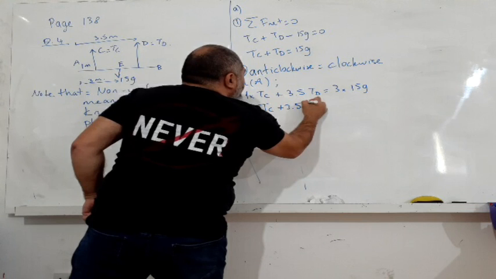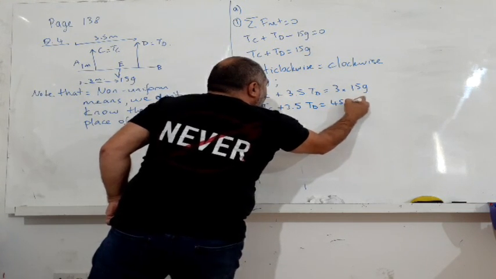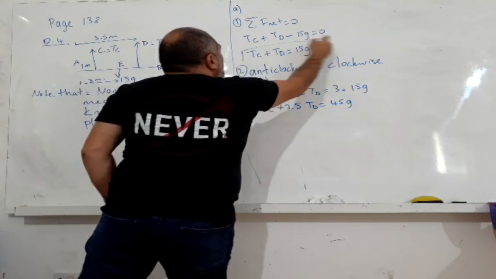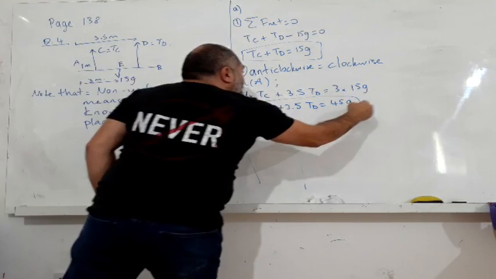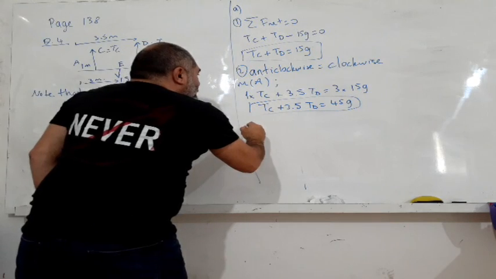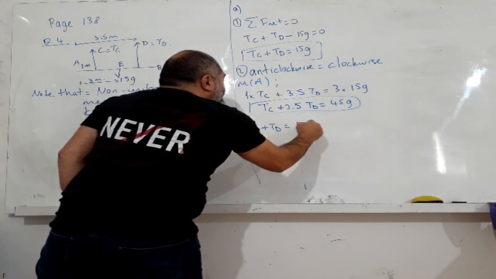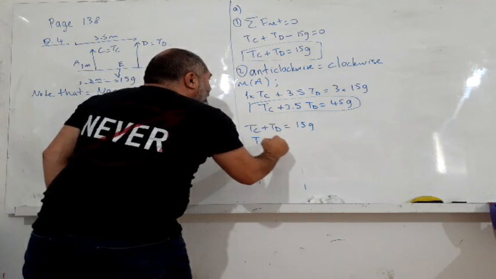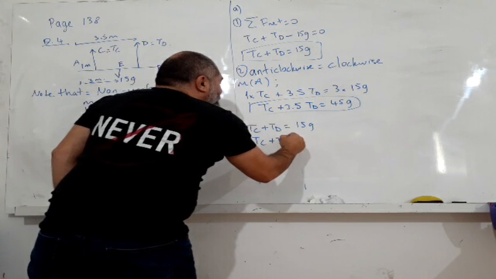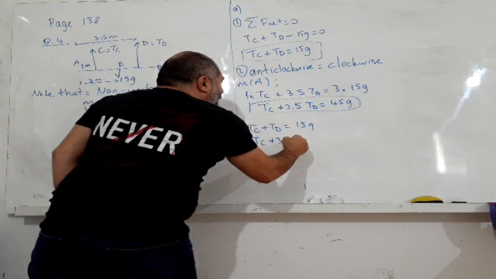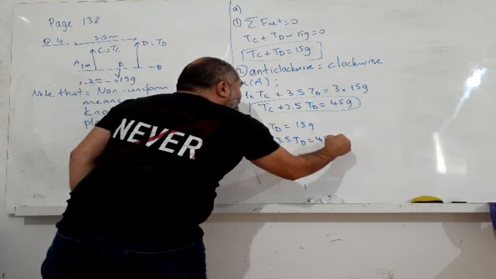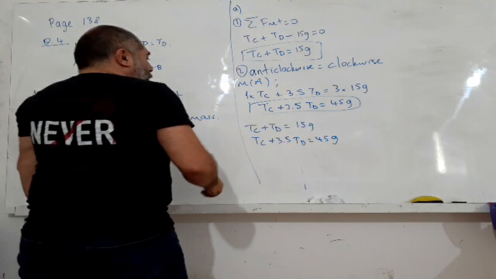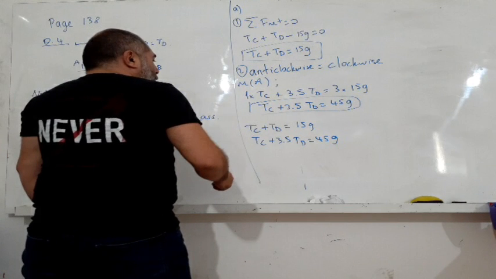2 unknowns, 2 equations. TC plus TD is equal to 15G. TC plus 3.5 TD is equal to 45G. So, put a negative sign there and subtract them. TC is cancelled.